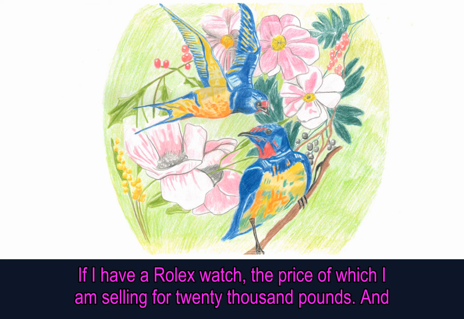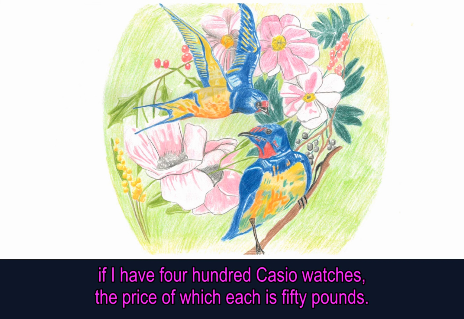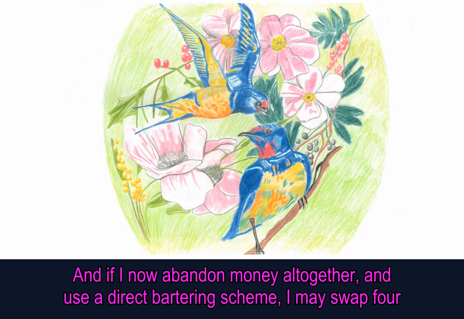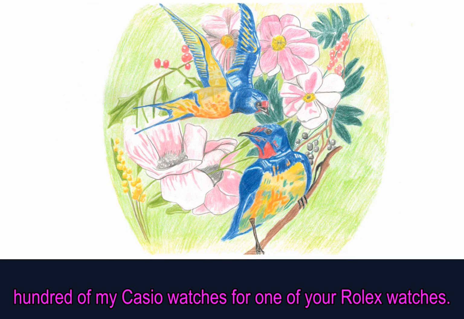If I have a Rolex watch, the price of which I am selling for £20,000, and if I have 400 Casio watches, the price of which each is £50, and if I now abandon money altogether and use a direct bartering scheme, I may swap 400 of my Casio watches for one of your Rolex watches.